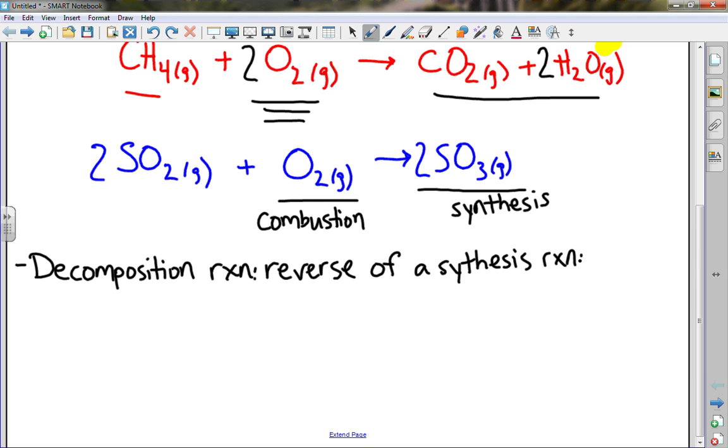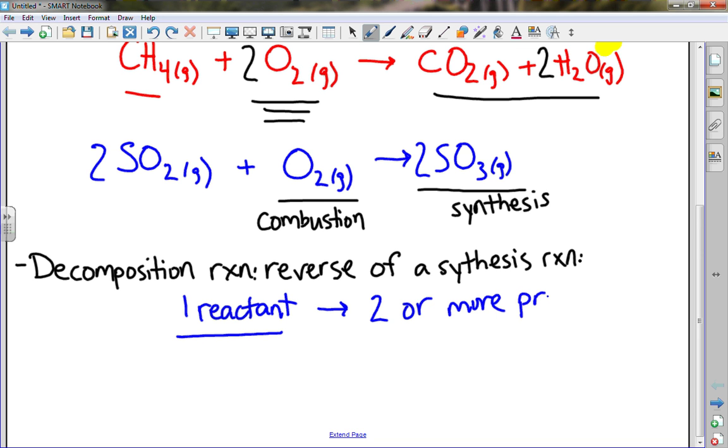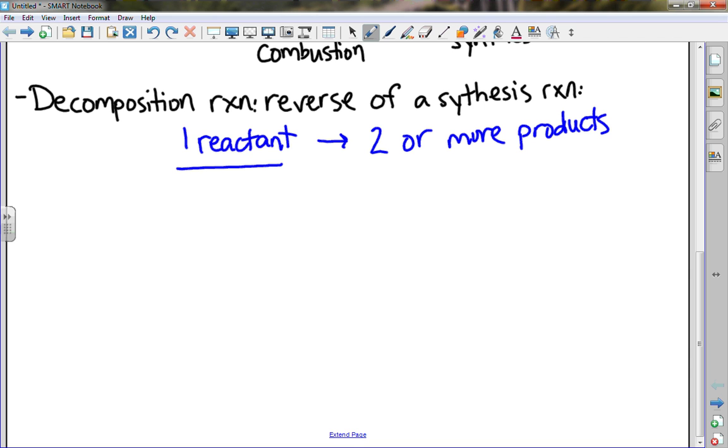And so what that means then, of course, is that you would have only one reactant, okay, that's key, that's going to make 2 or more products. And so if we looked at the reverse of that reaction that we just did, just above, right?